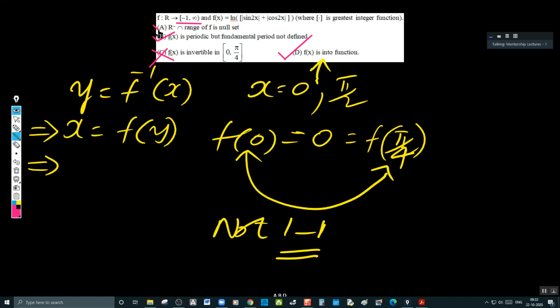Sir, please can you explain the second option again? Yeah, because mod sine 2x plus mod cos 2x individually, if you take without logarithm, see, I'll tell you with an example like this.